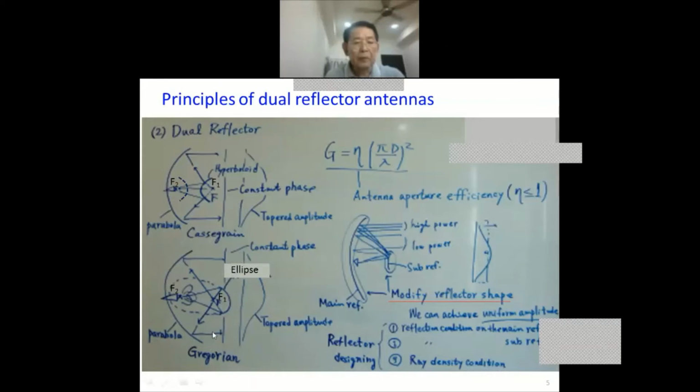These are the dual reflector types, Cassegrain and Gregorian. Cassegrain is hyperbola and parabola. Gregorian is ellipse and parabola. The wave is converted by this sub-reflector as if it were radiated from the focus of the parabola.